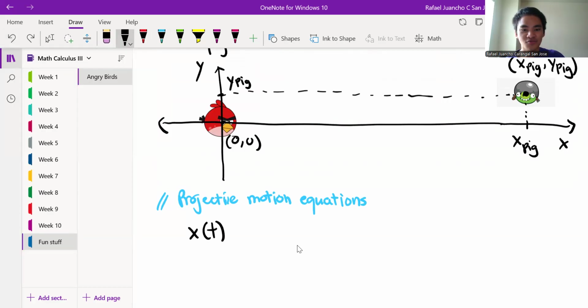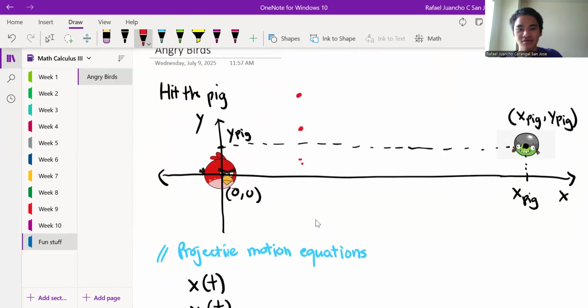And we also need a y position function: given t, where are we in y? And we're going to combine those.